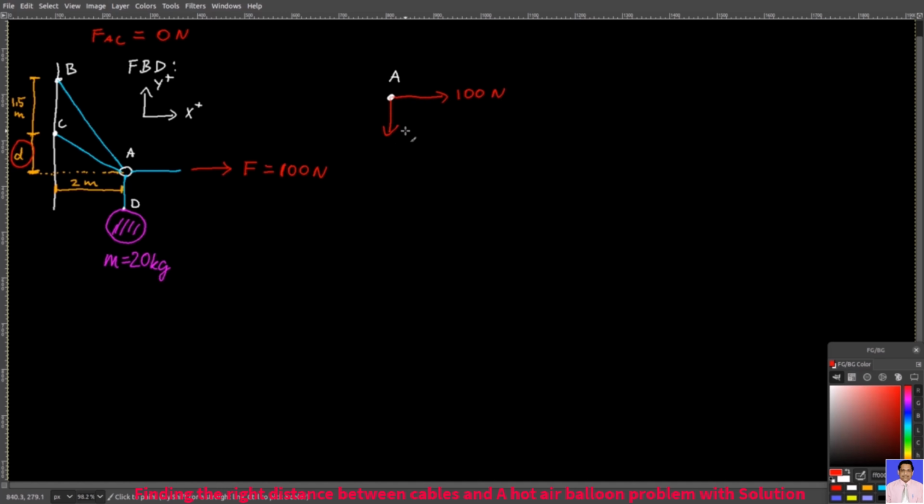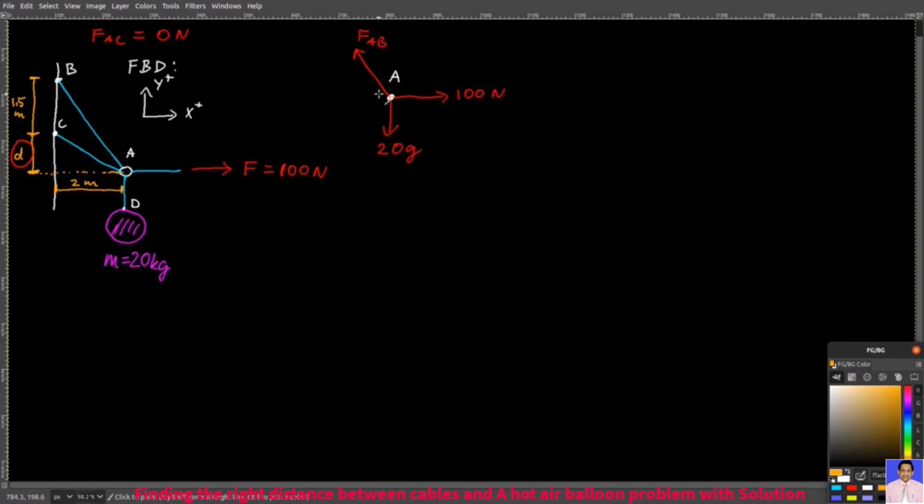You know that if you go down, then you have 20g, and then you have one force, FAB, and another force, FAC. However, we said that FAC equals 0 newtons. So that's very good, because that means that this arrow here essentially disappears. So you can have your free body diagram like this.